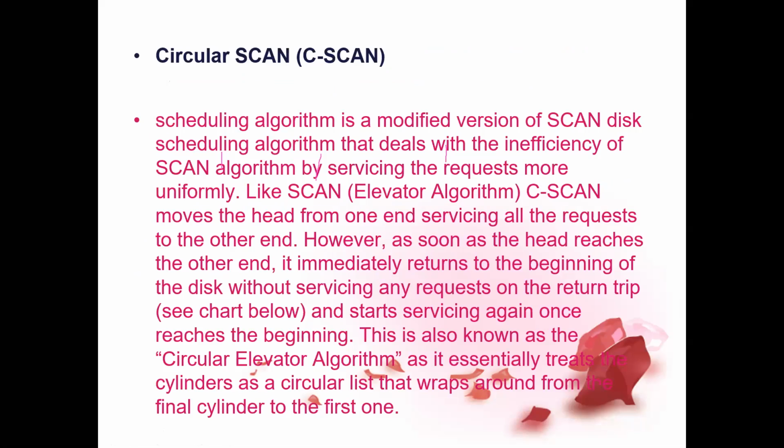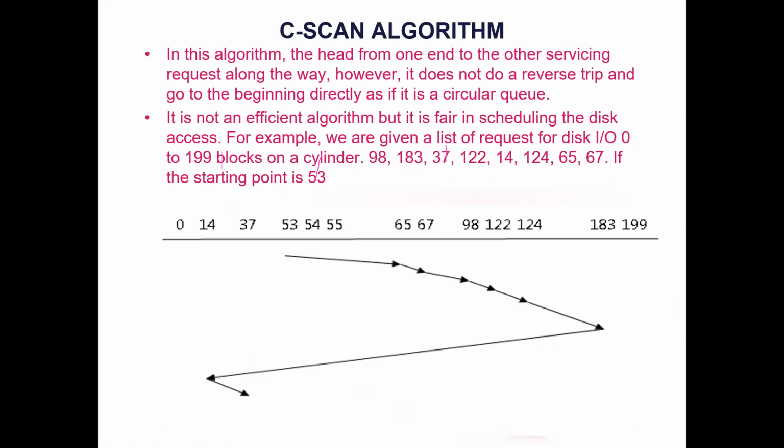Now circular scan overcomes these limitations of the scan algorithm. This is how it works. It is known as the circular elevator algorithm. What it will do is first start from 53 and serve one side. We can say 65, 67, 98, 122, 124, up to the last request it will serve.